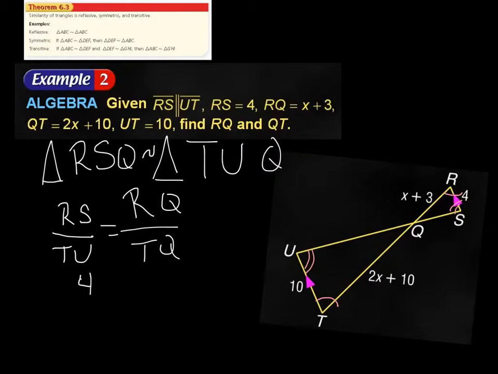RS was 4 and TU was 10. RQ is x plus 3, and TQ is 2x plus 10.